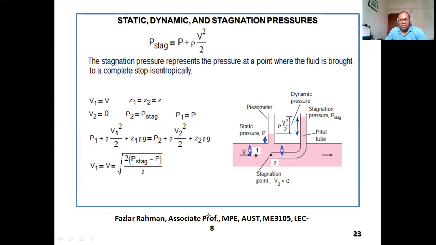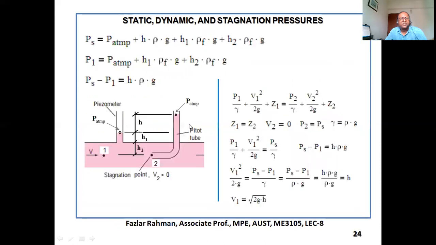So if you look at the figure in the next slide, right over here, velocity is 0. We are thinking that the distance from this point to this point, the vertical height, is h, that means the difference.